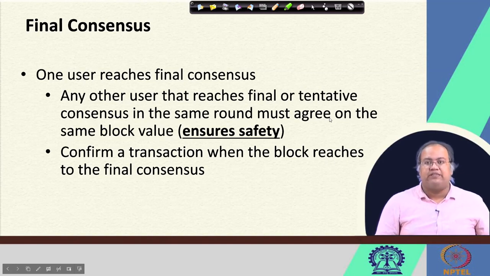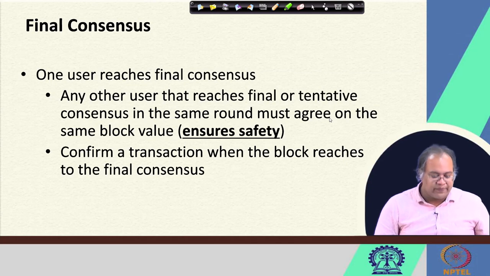So, Algorand, as I mentioned, has two phases of consensus, the final consensus and the tentative consensus. The final consensus says the following: once one user reaches final consensus, then any other user that reaches final or tentative consensus in the same round must agree on the same block value. So, this ensures the safety of the network.